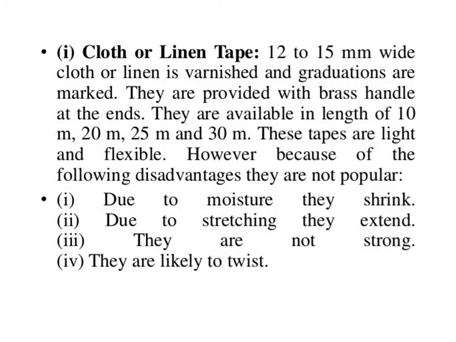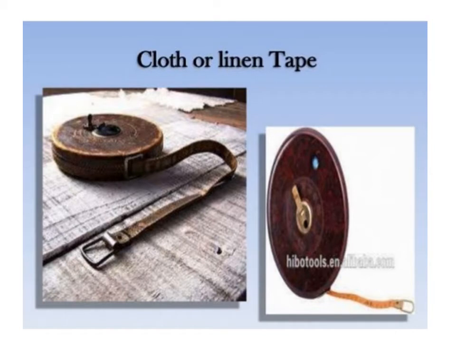These tapes are light and flexible. These tapes are not used because due to moisture they shrink, due to stretching they extend, they are not strong, and they are likely to twist. This slide refers to cloth or linen tape.